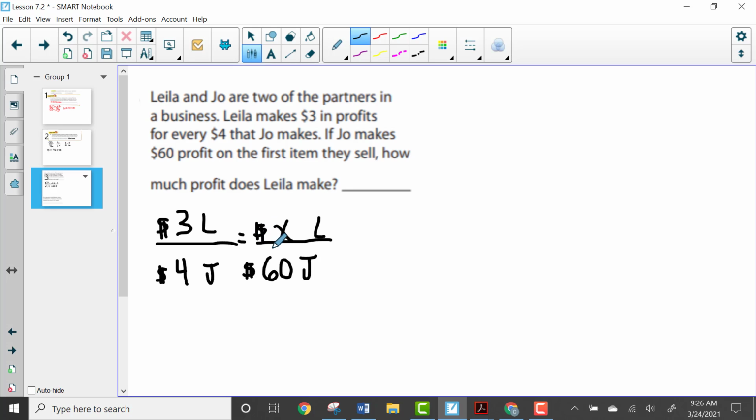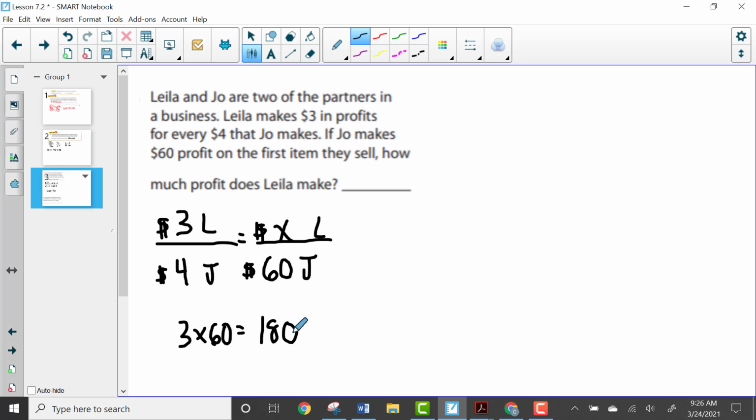Okay, so first thing we need to do is we set it up as a proportion already. Remember, we can see all of our units are right across from each other. We're going to cross multiply 3 times 60. That's going to give me 180.